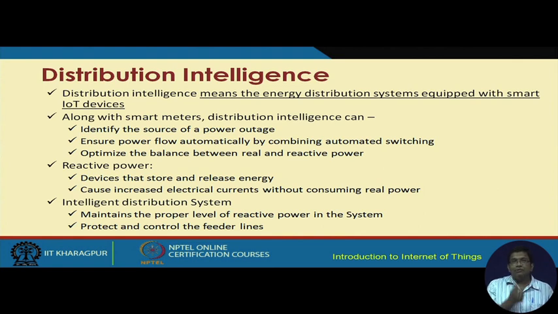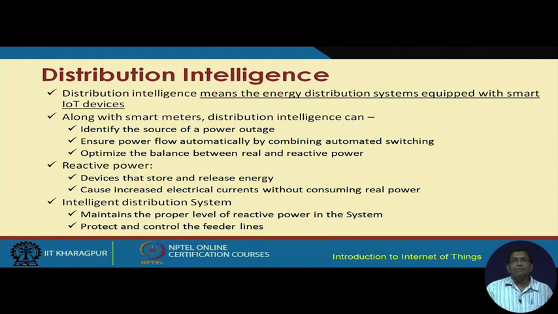This distributed intelligence implies that the energy distribution system is equipped with smart devices, sensor-based devices, smart IoT, Internet of Things devices, and this is where smart grid becomes very attractive to the consumers.